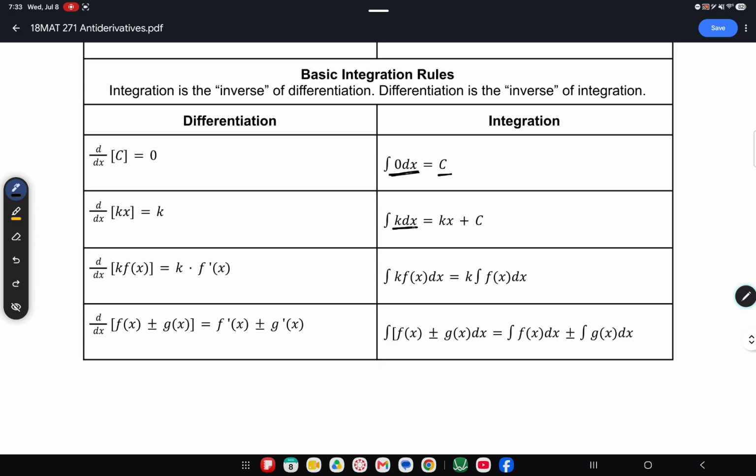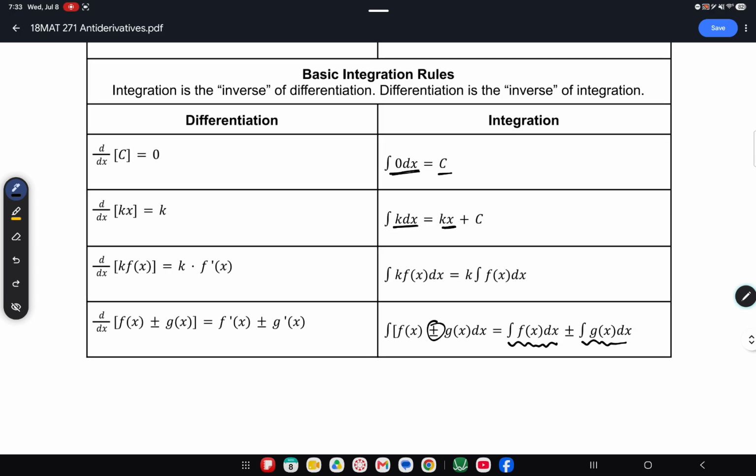If we have just a constant, we have kx plus c. If we have a constant times a function, we can pull the constant out and then do the integral as normal. If we have multiple functions being added or subtracted, we could separate each one out and add or subtract them.